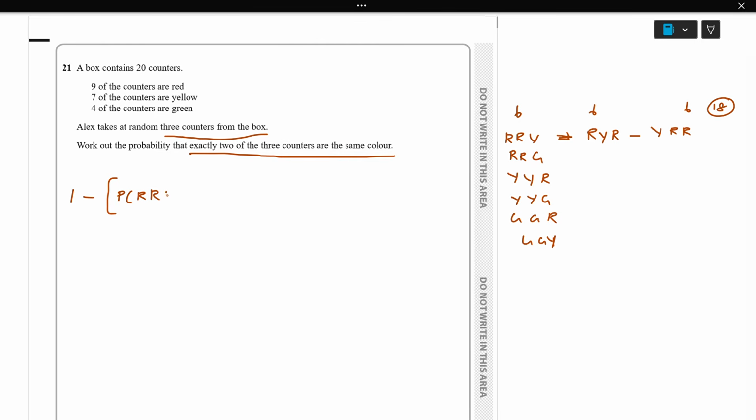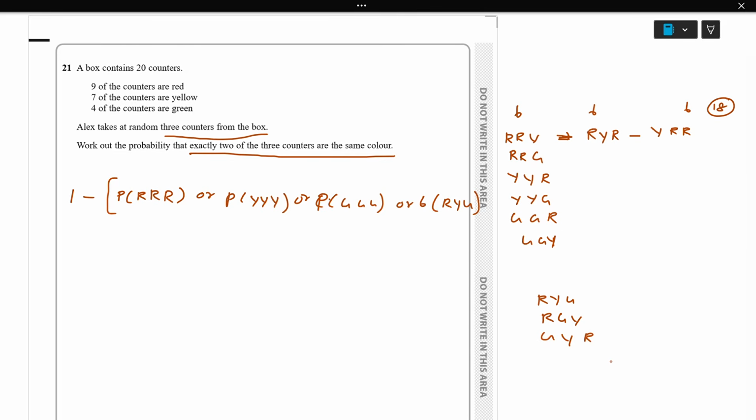So what I'm going to do now, the total probability is going to be 1. 1 minus, I'm doing all the others. We would have to calculate this, but instead of that, I can remove the not required things, which is the probability of, like we want only 2, so I'm removing all 3: P of Y, Y, Y, or P of G, G, G, or there are 6 variations of R, Y, G, because a single one also we don't want.